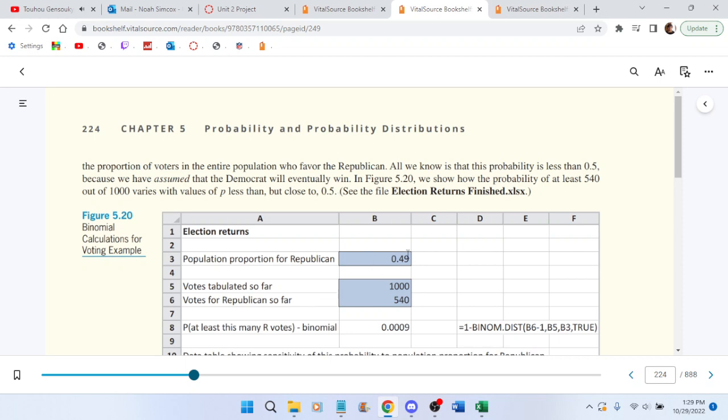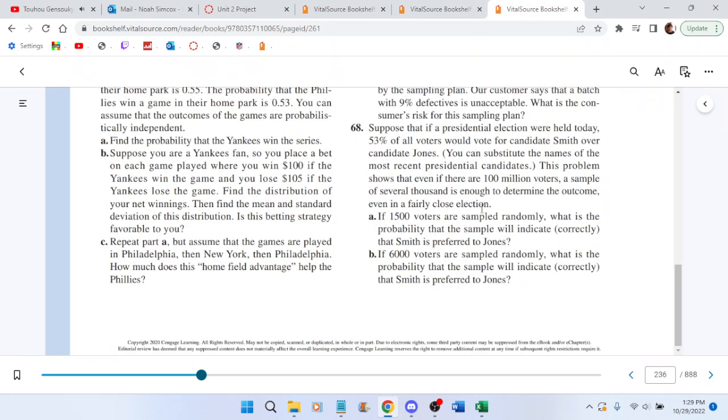If the Democrat wins, it will be. In my case, they're saying you must assume the final result is 53%, right? So what's the odds that it will correctly indicate that Jones will be?